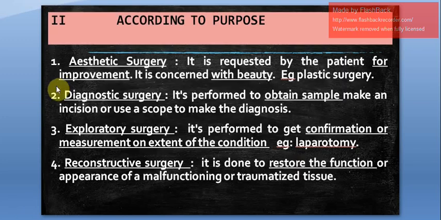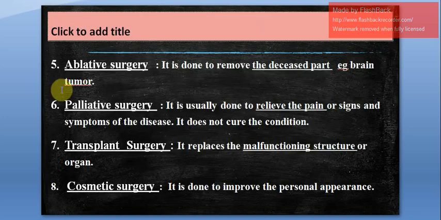Next classification is according to the purpose. According to the purpose, again we have got so many classifications. First one is aesthetic surgery, diagnostic surgery, exploratory surgery, reconstructive surgery, ablative surgery, palliative surgery, transplant surgery, cosmetic surgery. Okay.